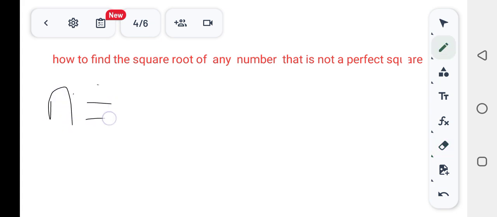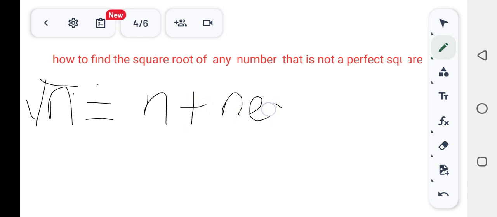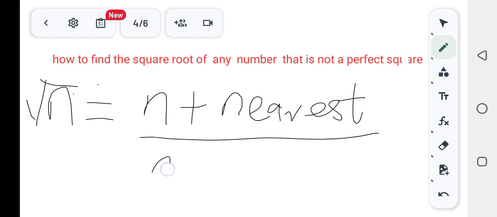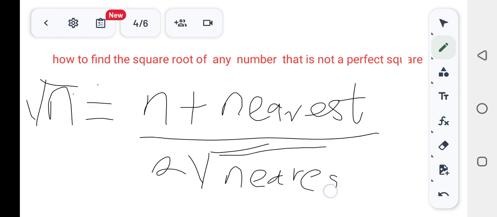Okay, now using this formula, you have the square root of n, where n represents the non-perfect square number, equals n plus the nearest perfect square number, all over 2 multiplied by the square root of the nearest perfect square number.